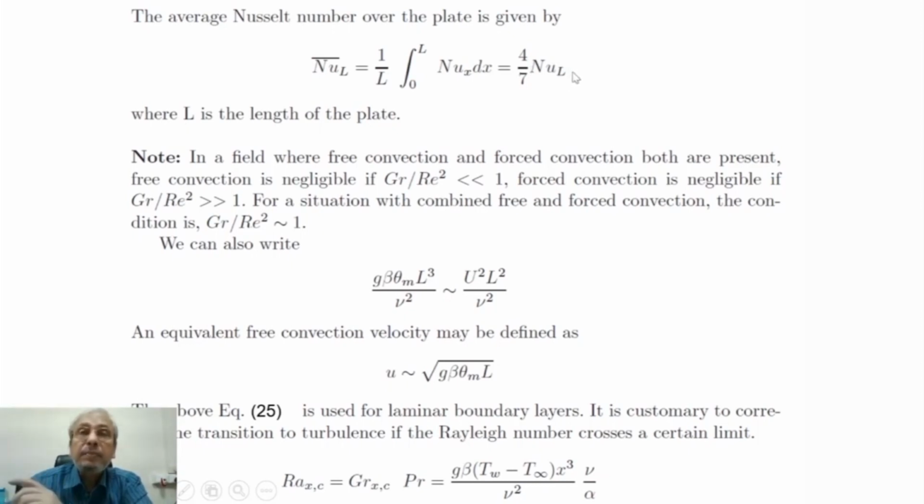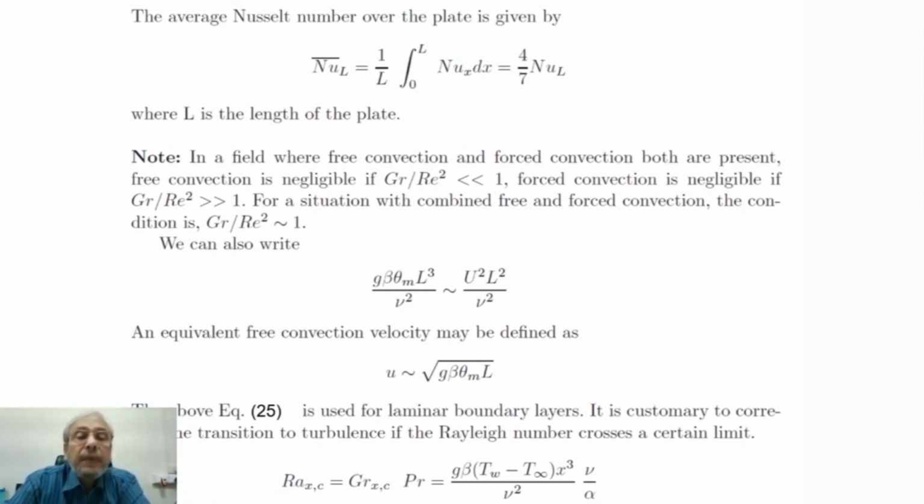That means at the top edge, whatever is the local Nusselt number, that is Nu_L, with x equal to L, h L by k, and 4 by 7 of that quantity is the average Nusselt number. L is the length of the plate.